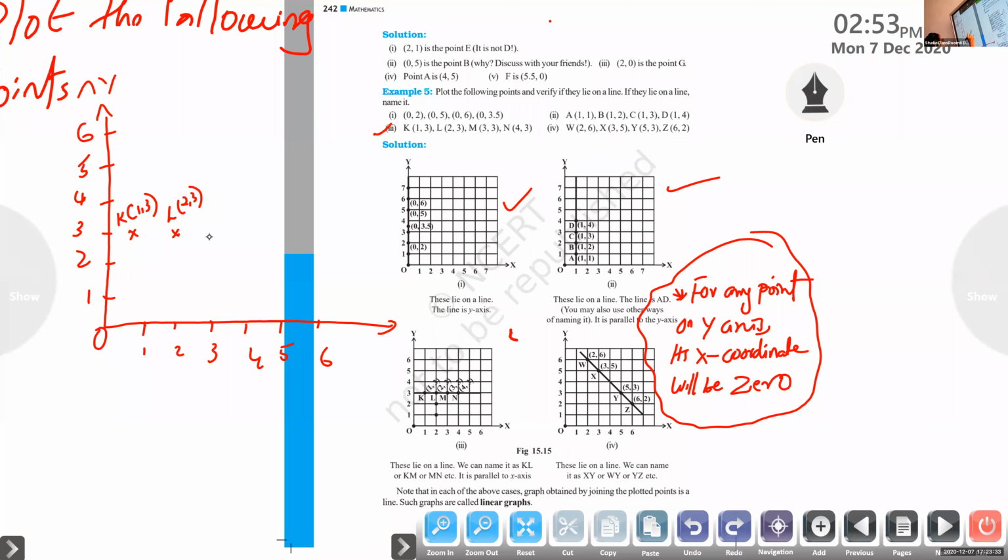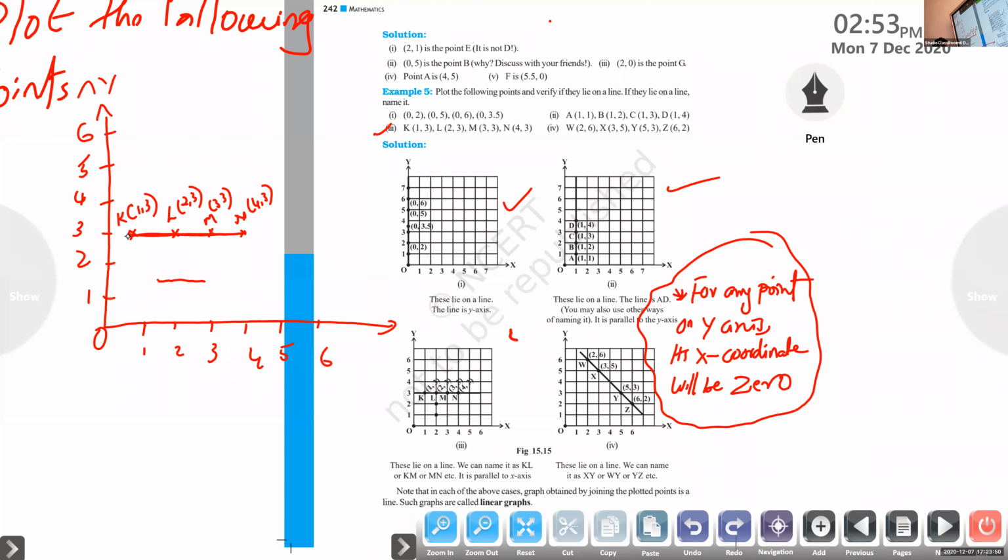M (3, 3), N (4, 3), and see, it is a line KN.